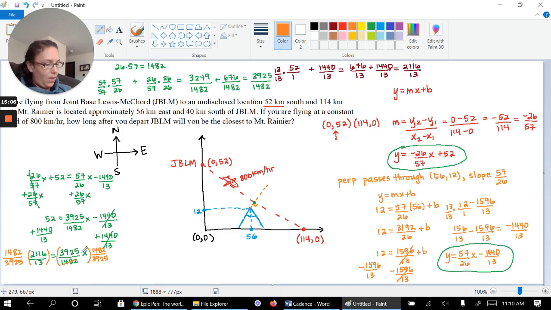Okay, and that way this side of the equation will divide out. And the other side of the equation, I'm just going to multiply straight across with my calculator, and then I'm going to see if it can be simplified. So 1482 times 2116 is equal to 3135912 over 3925 times 13, which is 51025.